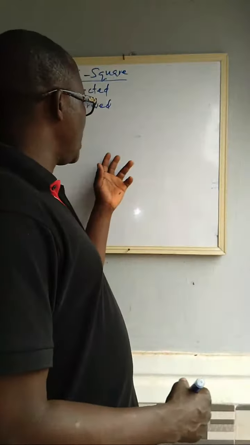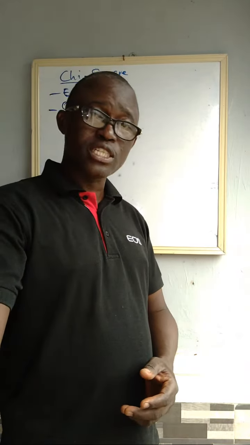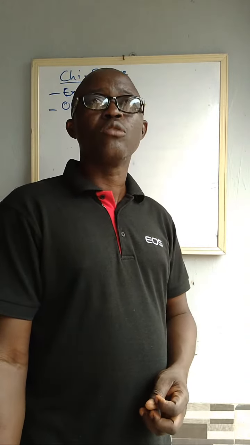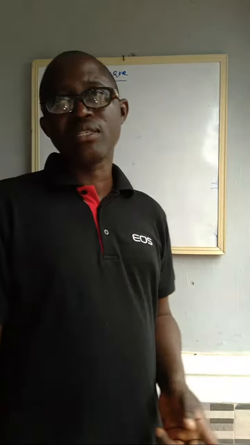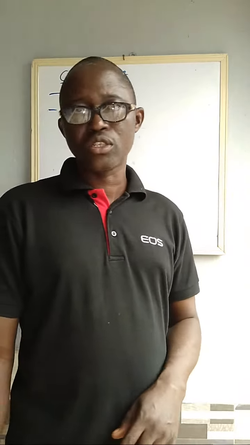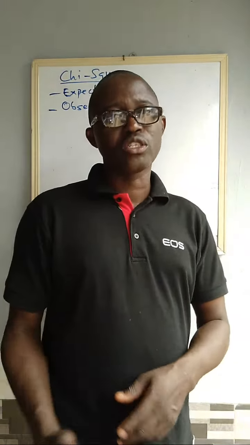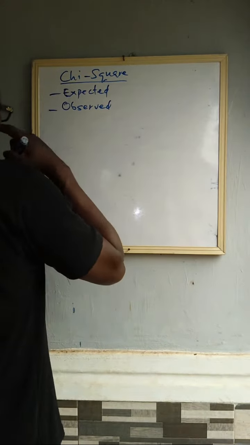So you calculate a p-value, and use it to check what you have on the table to determine whether your conclusion, your assumption, your hypothesis is right or wrong. Either null hypothesis is right or wrong, or alternative hypothesis is right or wrong. So that's about chi-square. Let me also mention t-test.